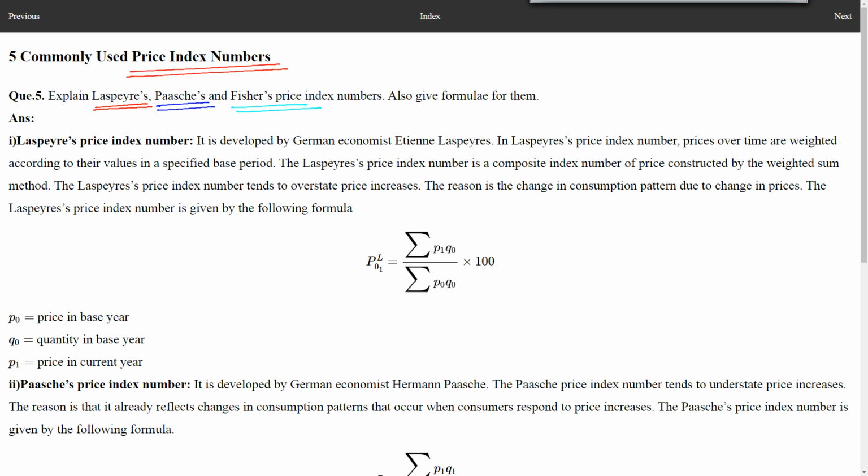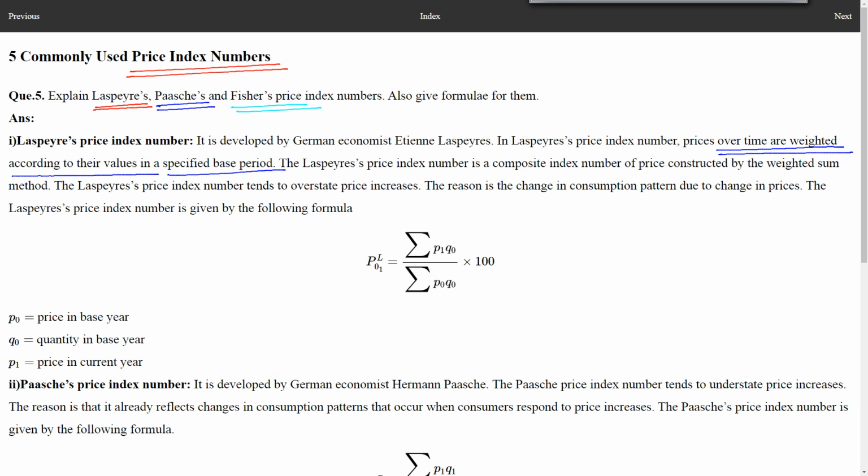It is developed by German economist Etienne Laspeyres. In Laspeyres' price index number, prices over time are weighted according to their value in a specific base period.